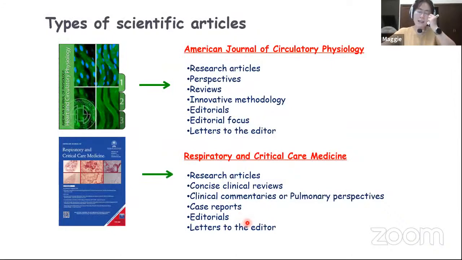That's a clinical study, right? And then the editorials and letters to the editor. So the second journal is more focused on translational medicine or clinical studies, which focus more on the disease and its clinical relevance. So these are two different types of scientific articles. One more related to basic research, another more related to clinical studies.